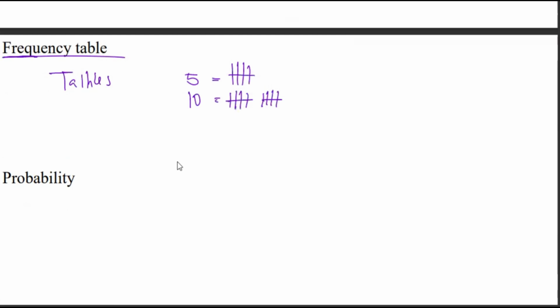You understand? If there are 18, you will have 1, 2, 3, 4, 5. That's 5. Another 1, 2, 3, 4, 5. That's 10. Then 1, 2, 3, 4, 5, that is 15. 18 is 1, 2, 3 more. Tallies. You remember this. This is a frequency table.